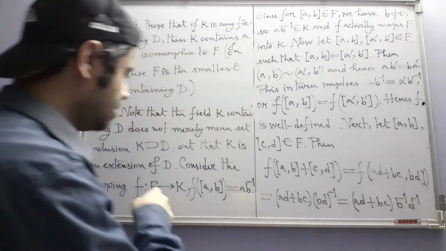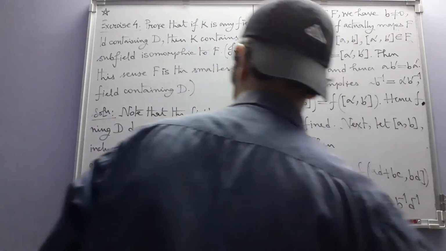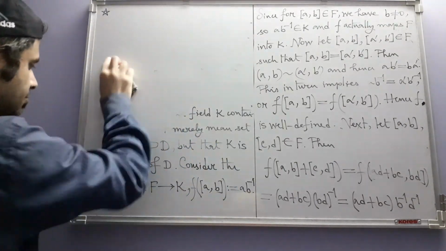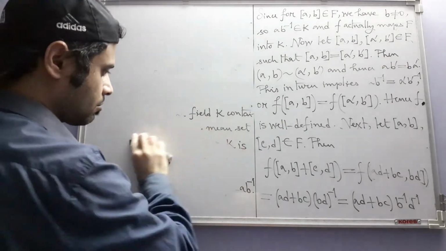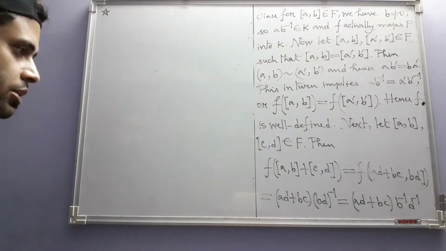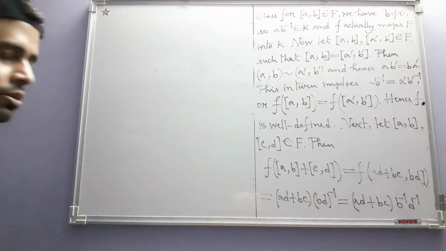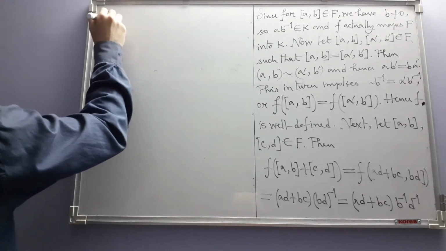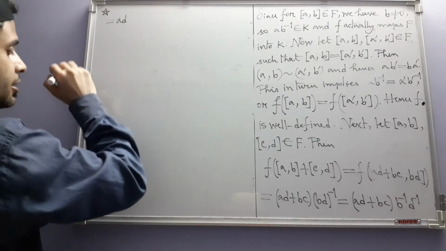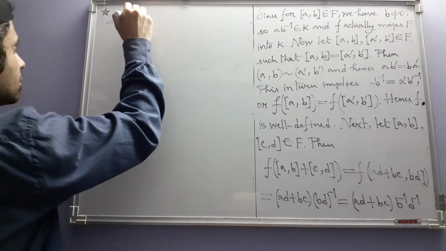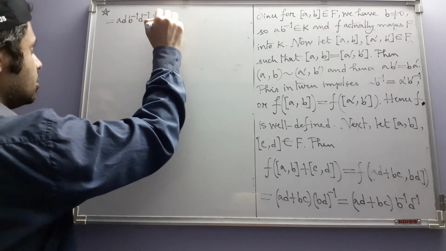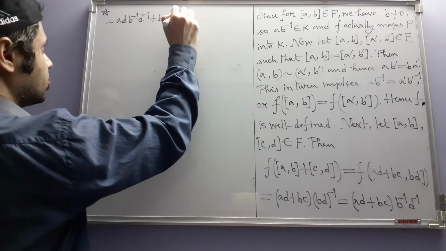This one is in the field K. Now if we apply the distributive law, then this becomes equal to ad b inverse d inverse plus bc b inverse d inverse.